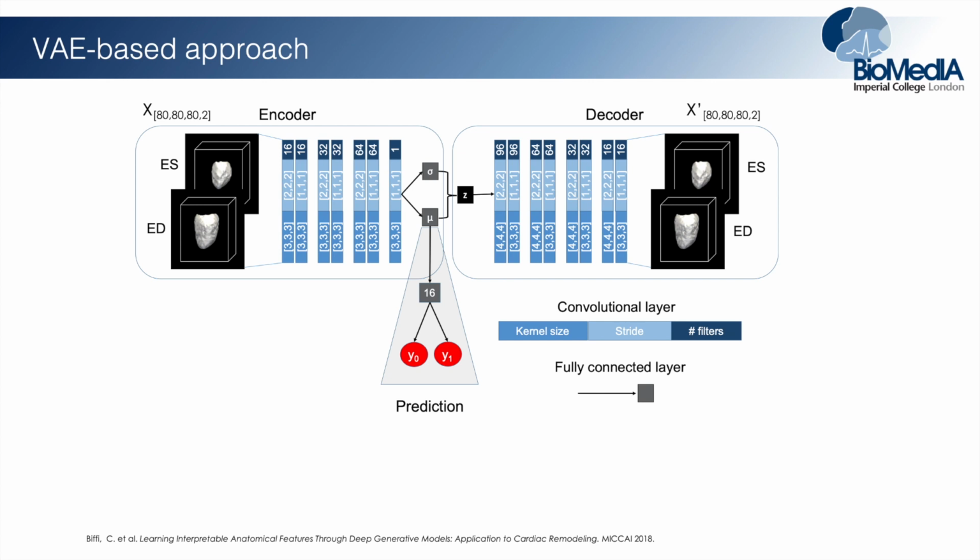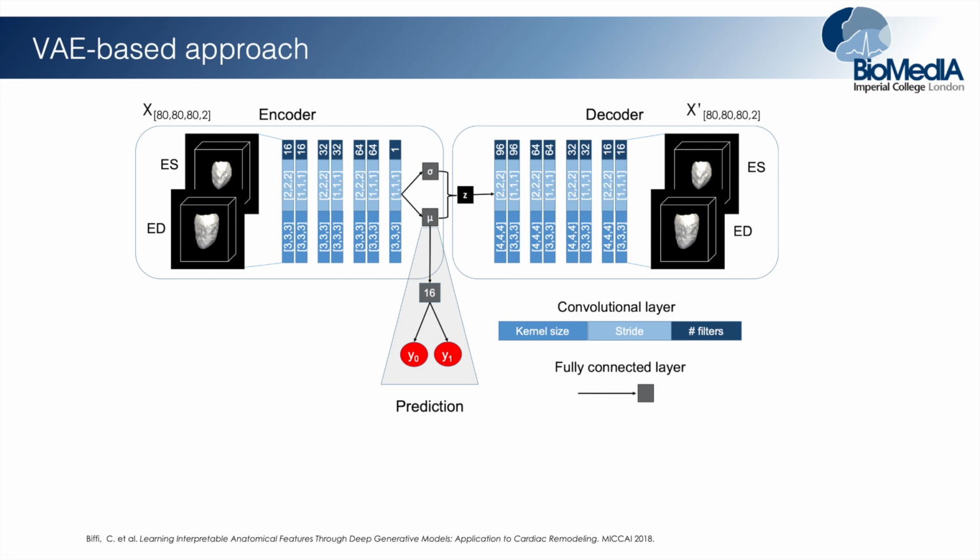tries to extend the traditional variational autoencoder framework to do the task of classification of healthy and pathological shapes. In particular, the input is the two 3D segmentations that we want to study, and we learn a 3D convolutional encoder to learn a small-dimensional representation Z of these shapes, which is parameterized with a Gaussian distribution with mean mu and standard deviation sigma.